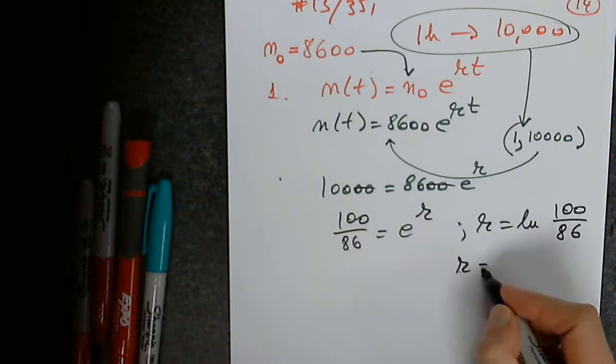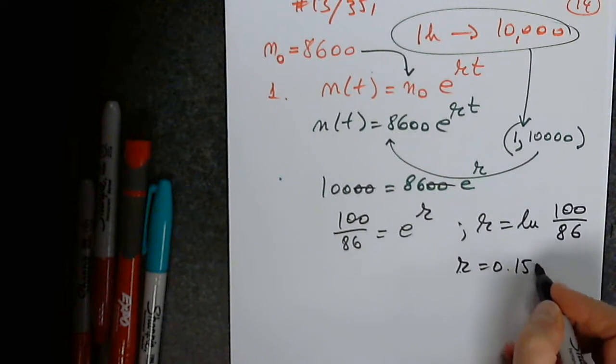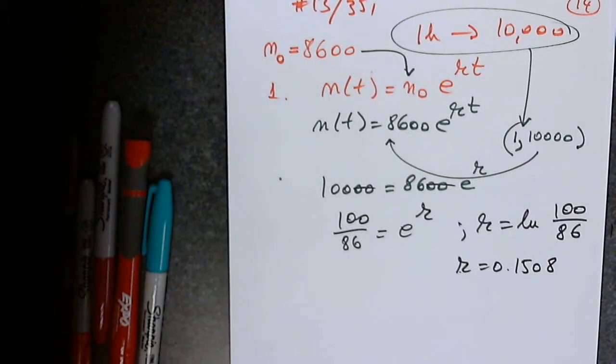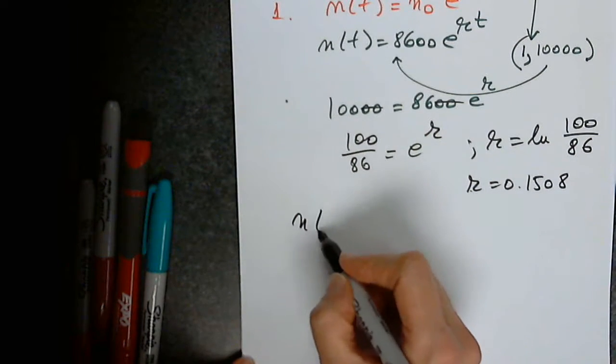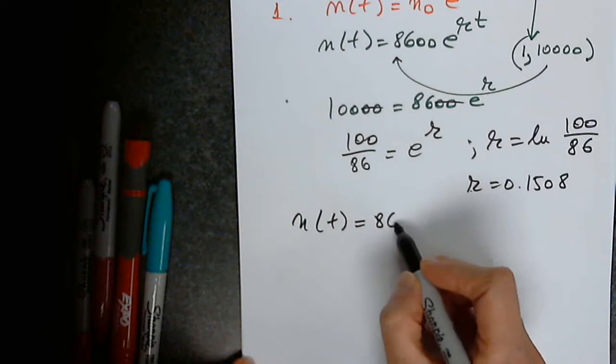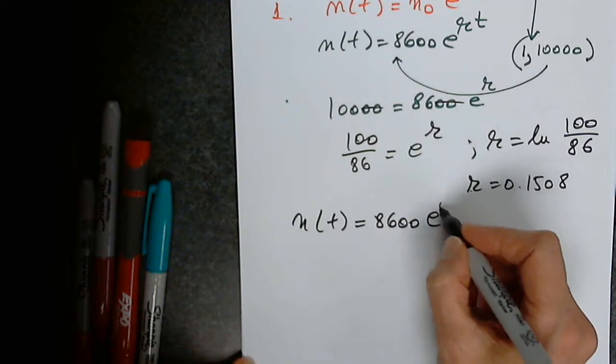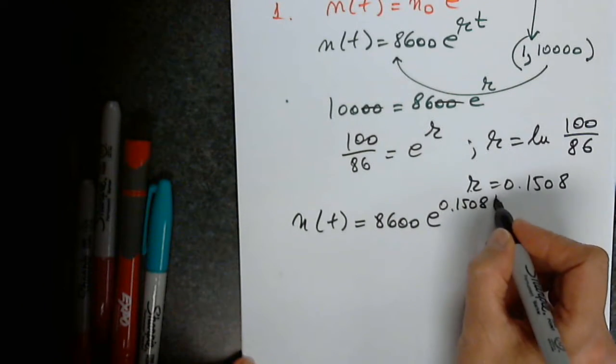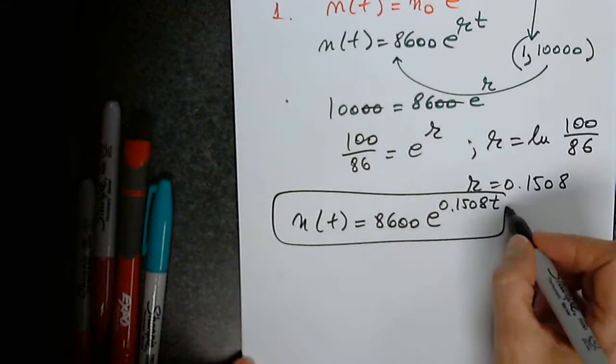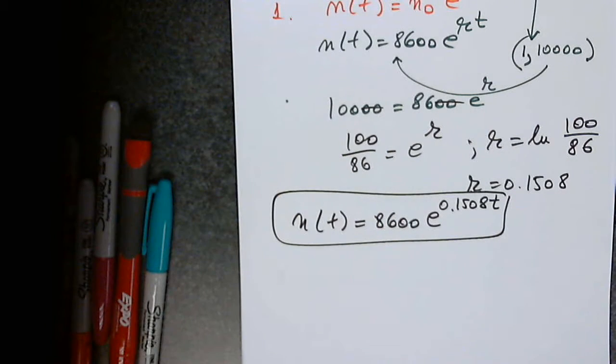So r equals 0.1508. Now I have the entire model. So the model is N of t equals 8,600 times e to the 0.1508 t. That's what the problem was asking us to do. Part A. Part B.